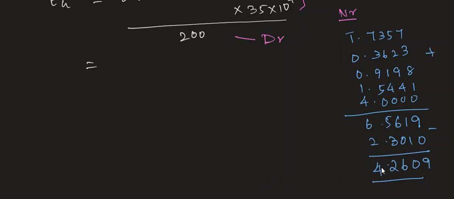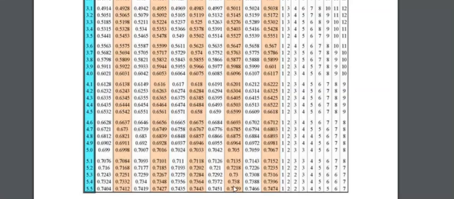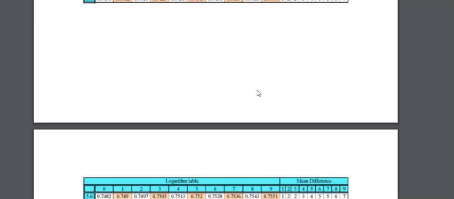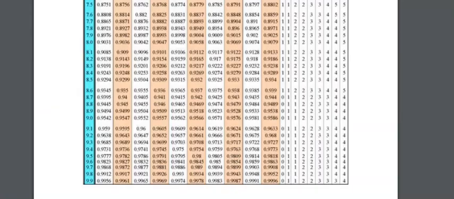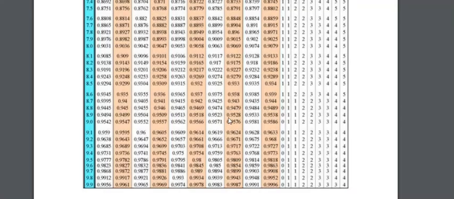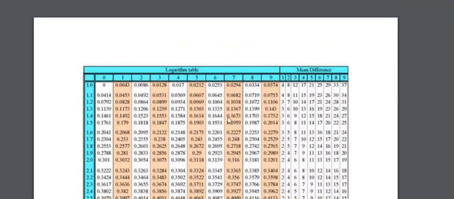Now we have to find out the anti-logarithm for 0.2609. So you have to be careful.